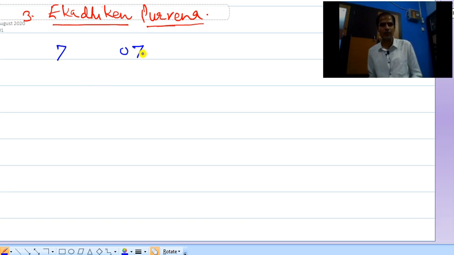As you can see, the purvena digit of 7 is 0. We have to find the ekadhiken of this 0. So write a dot over 0 and the number becomes 18.